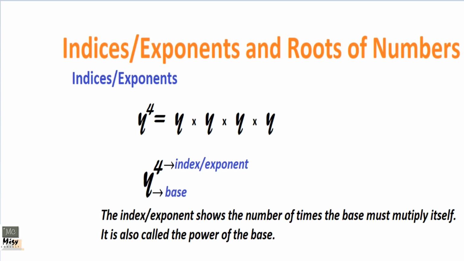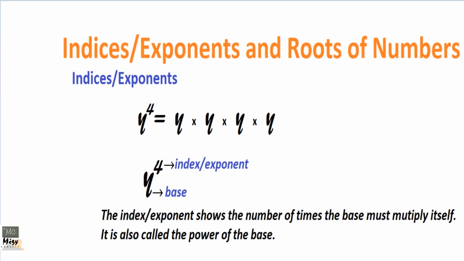I know with time we realize that it's not always possible for a number to be multiplying itself, because we have negative exponents and we also have fractional exponents, but we'll talk about them. But the basics show that there is a power on the number, or an exponent or an index.